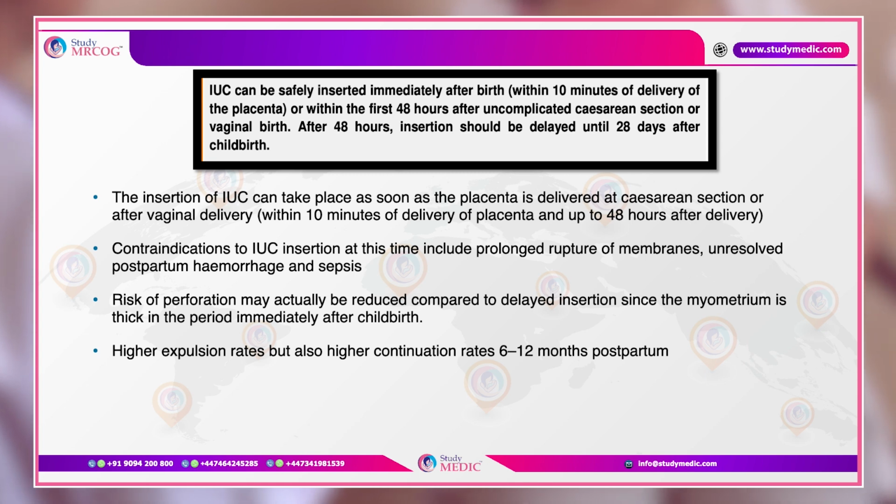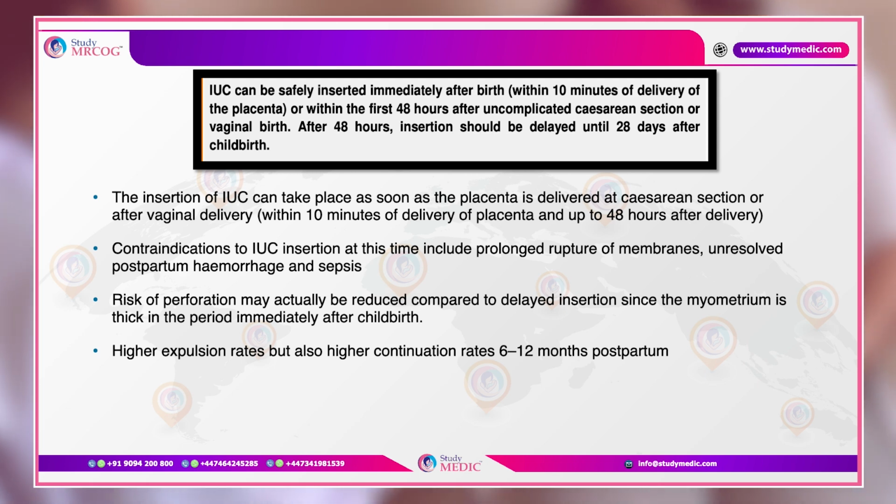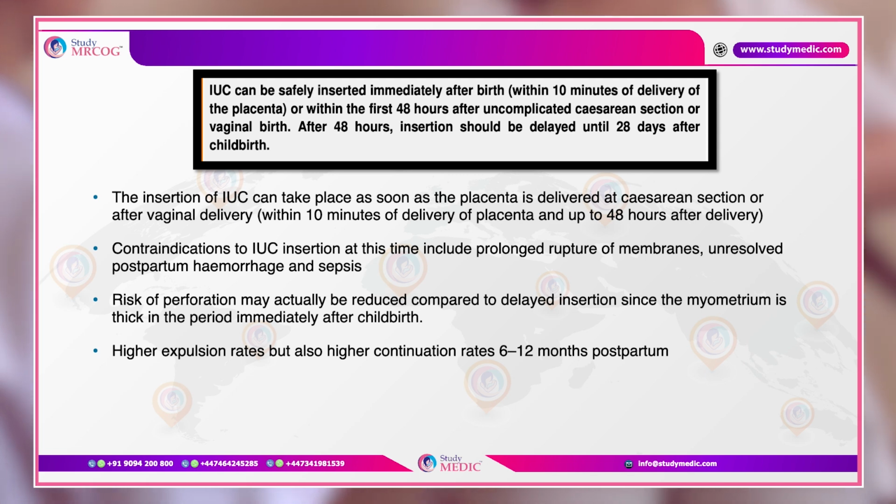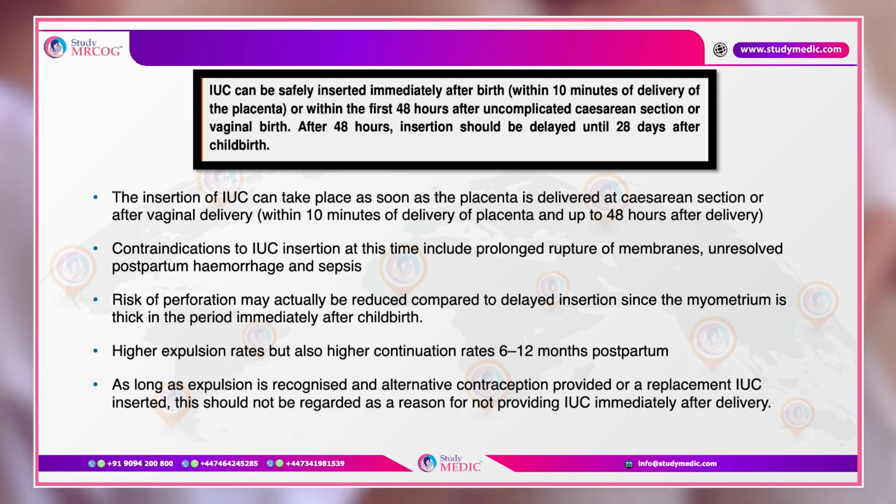Now, it has been noted that there are higher expulsion rates, but there are also higher continuation rates 6 to 12 months postpartum. This expulsion is most likely to occur in the first 3 months after insertion, and expulsion rates may be lower for post-placental insertion after cesarean rather than after vaginal. That's a very interesting point.